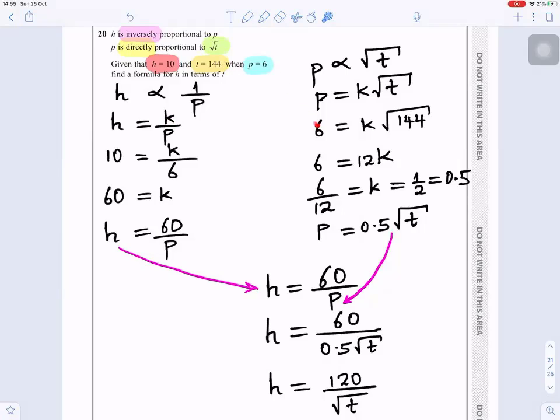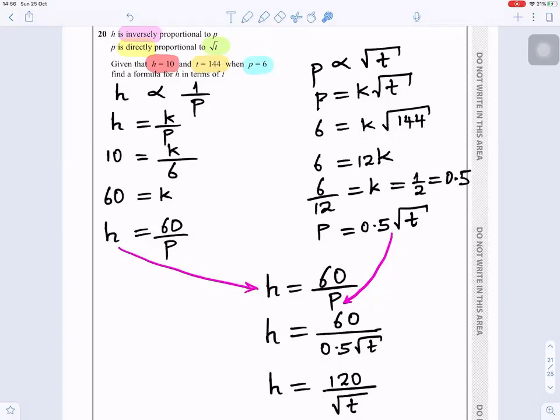P is 6 and t is 144. You solve it to find the value for k. The square root of 144 is 12. So 6 equals 12k. You divide by 12. 6 divided by 12 is k, which is a half or 0.5. So you can write the equation as P equals 0.5 square root of t.